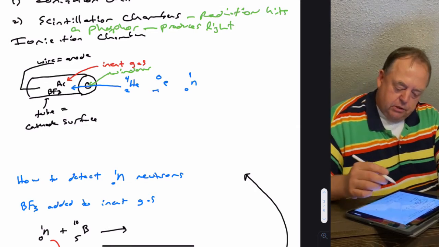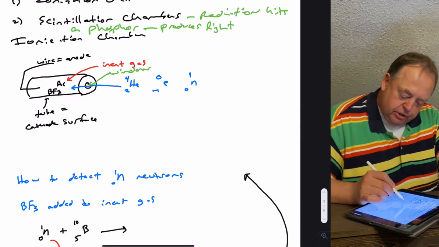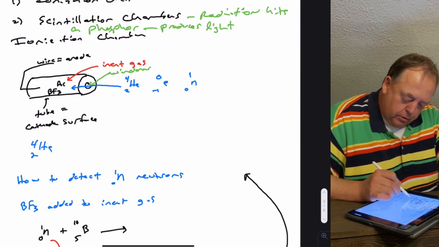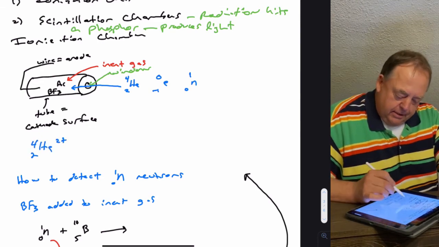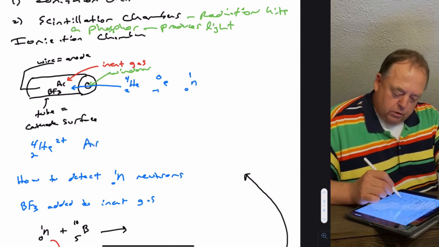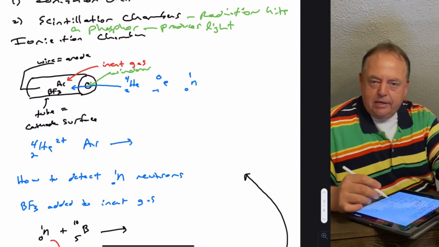So what happens once the alpha particle, for example, is inside the ionization chamber? Well, keep in mind that an alpha particle is really He2+. So if that comes into contact with argon, for example, what's going to happen? Well, which wants electrons more, helium or argon?